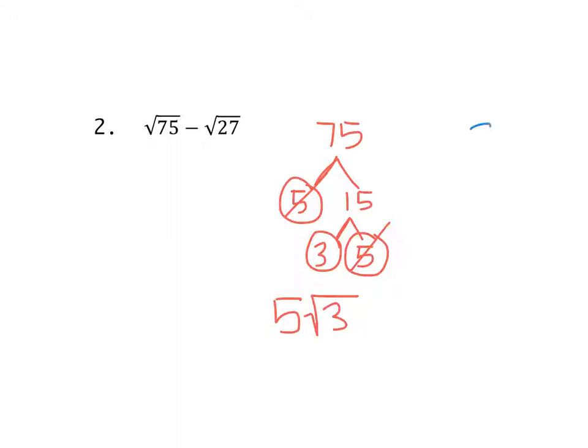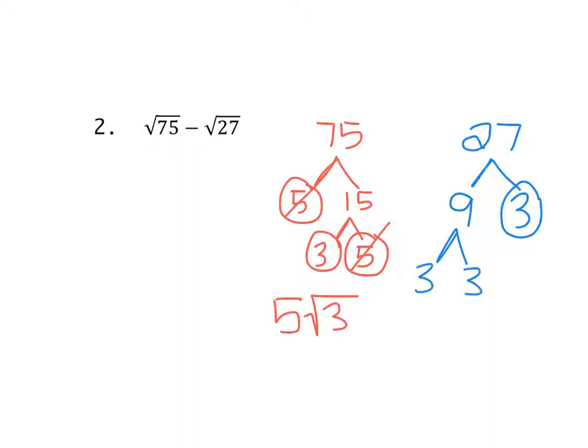Now let's see if we can break down 27. What are 2 factors of 27? We have 9 and 3. 3 is a prime. Can we break down 9? Yes, 9 is the same thing as 3 and 3. Do we have any pairs?